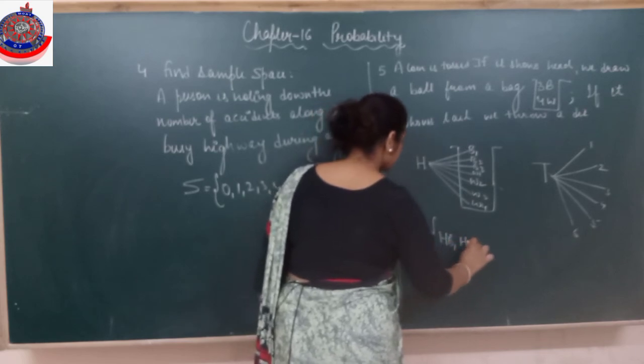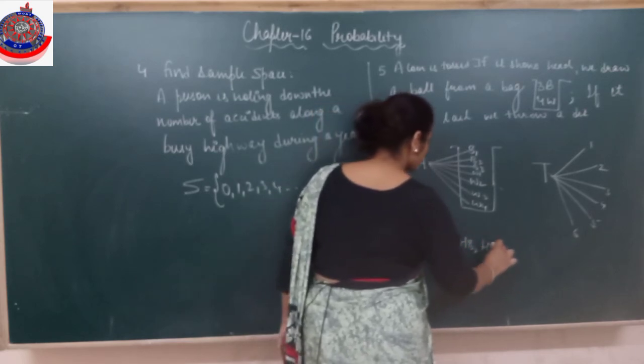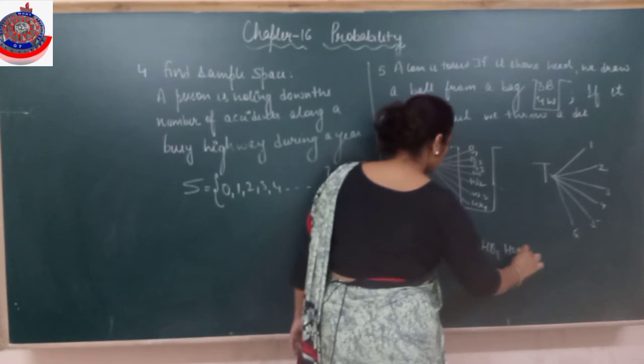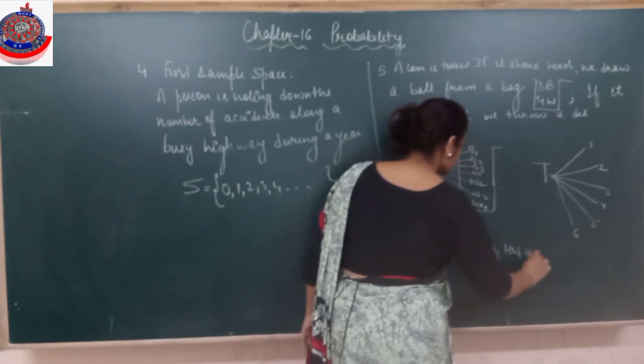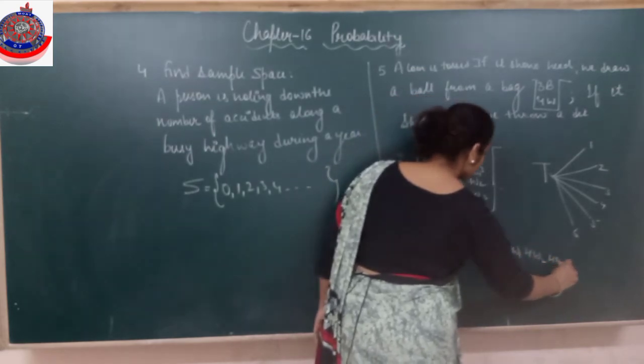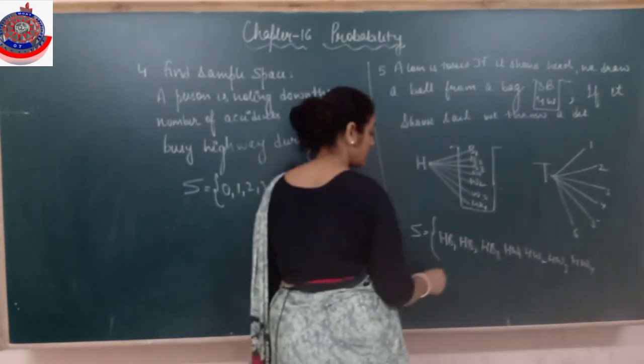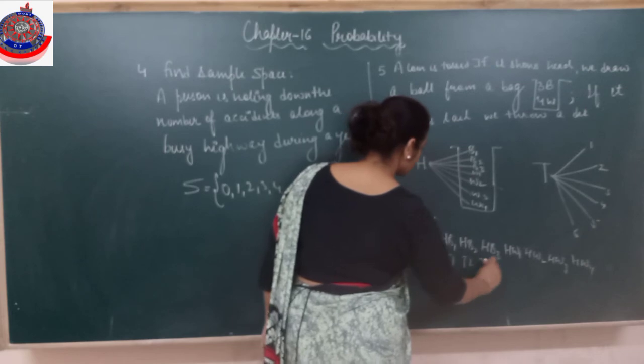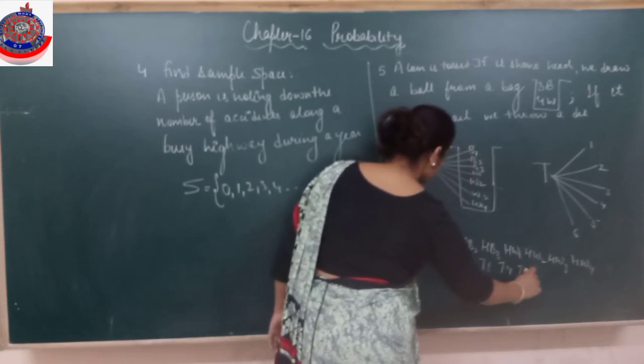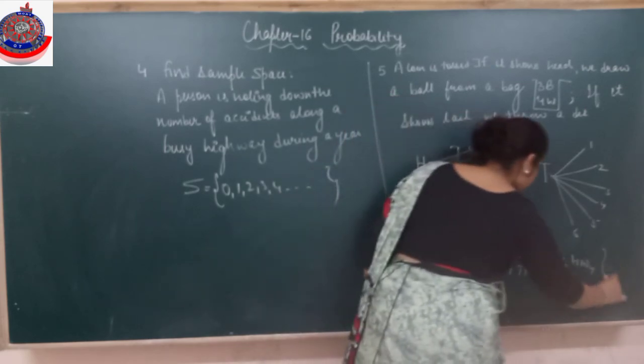HB1, HB2, HB3, HW1, HW2, HW3, HW4, here T1, T2, T3, T4, T5, T6.